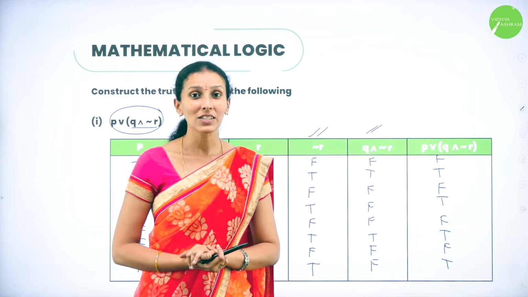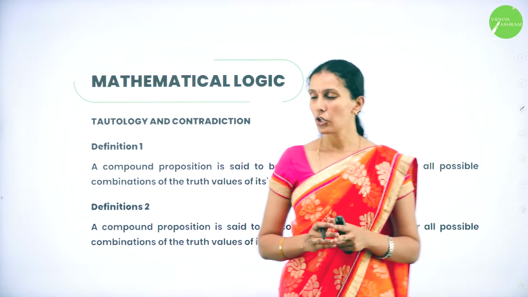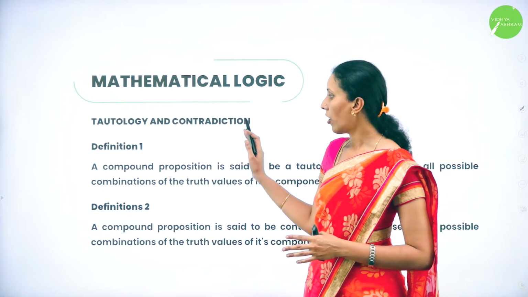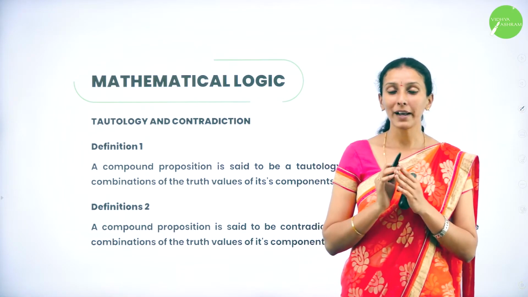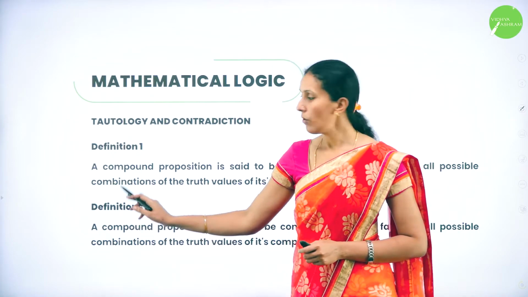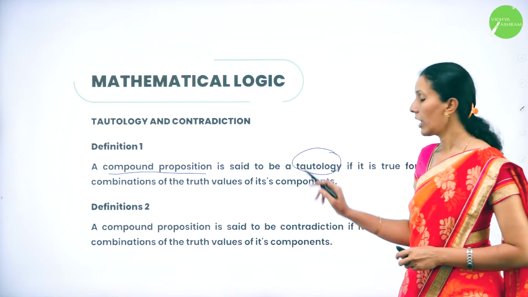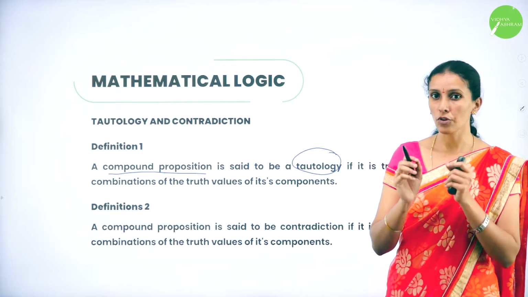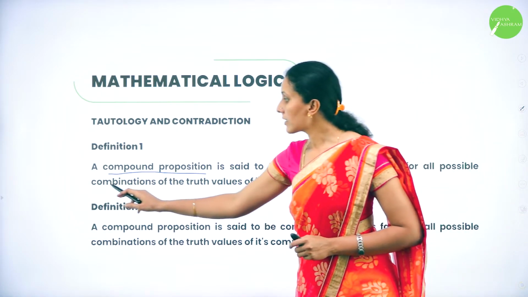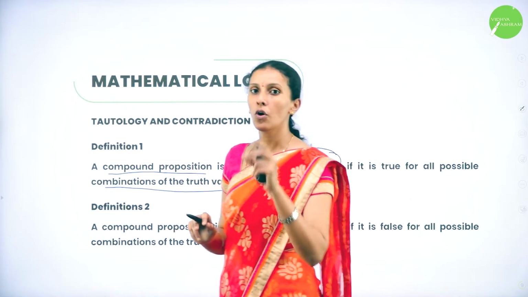What do you mean by this tautology or contradiction? Let's see now. So we have a statement called tautology or a contradiction. What do you mean by this tautology? So look at definition 1 now. A compound proposition is said to be a tautology if all the truth values of the truth table, that is the combination of those truth values, will be true always.